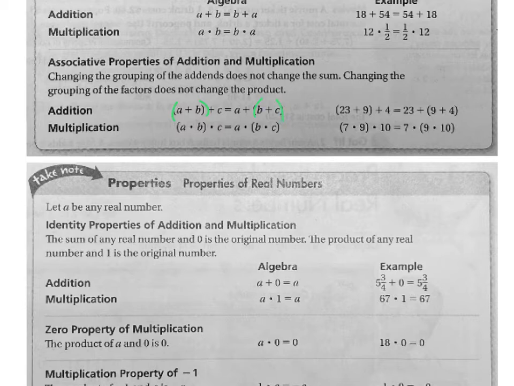So A plus B being grouped or B plus C being grouped doesn't change the sum. Same with multiplication. If I move the grouping symbols to group a different set of numbers being multiplied, it doesn't change the result. So the associative property says if I move the grouping symbols around, it doesn't change the result of my addition or multiplication.